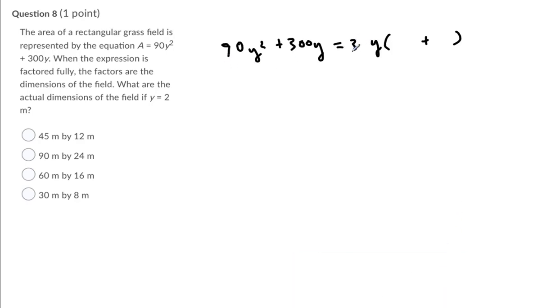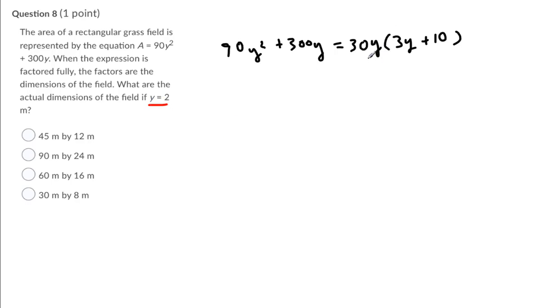So 90 divided by 30 is 3, and y squared divided by y is just y. 300 divided by 30 is 10, and y divided by y is just 1, so that y is all gone. So here's our two dimensions of our field, 30y and 3y plus 10. So in order to figure this out, I'm going to substitute y equals 2 in for each of these.